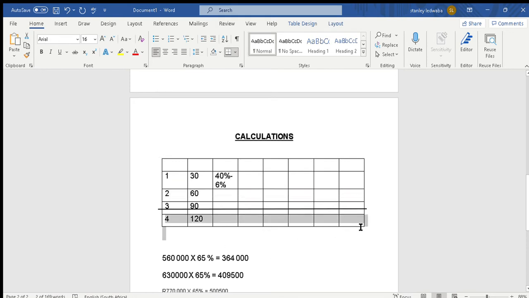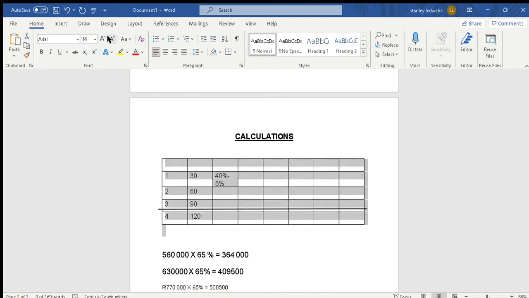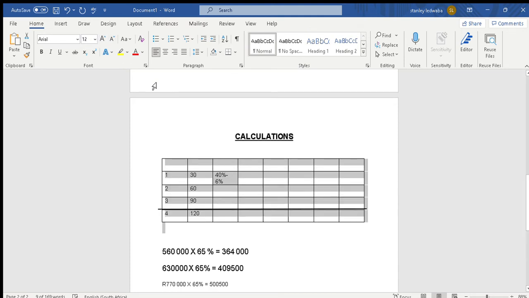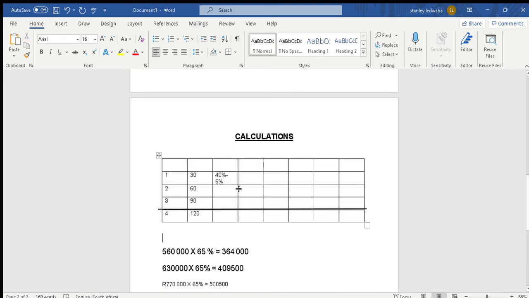Let me reduce it quickly, to this 12, right? Then we are going to collect 40% less 6%, then followed by 50%, then followed by 8%, then that is 2% written off, right?